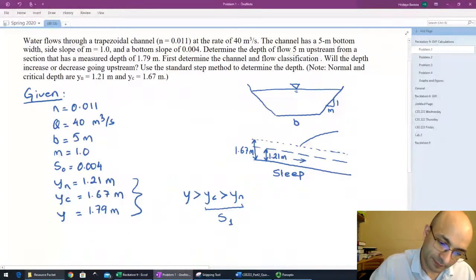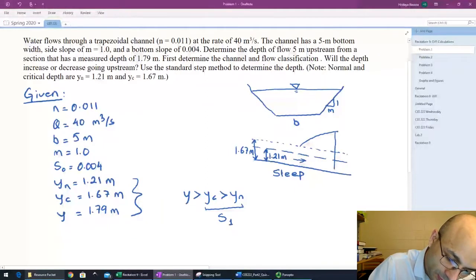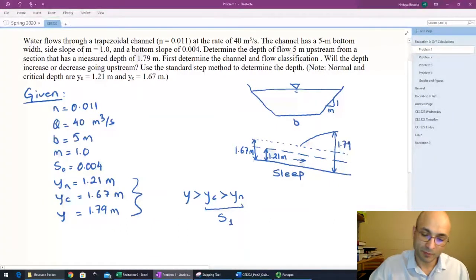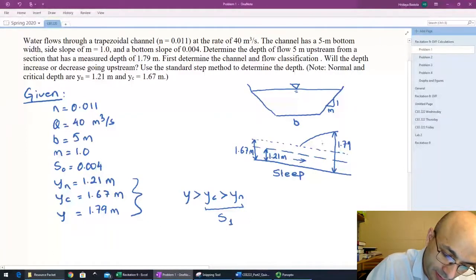And if the location of the given depth y, which is 1.79, is here, we would like to find the depth at a point upstream 5 meters from the previous depth location.